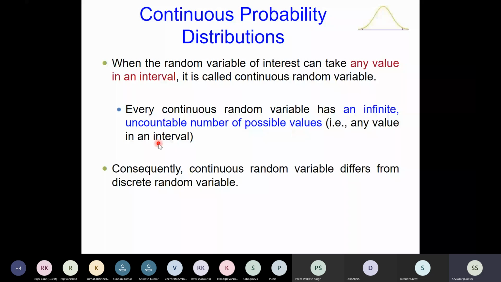In general, if we say it is discrete, that means we always think that it is only one value. That's why a continuous random variable differs from a discrete random variable. So basically, that's the difference: you always have some kind of continuous value.